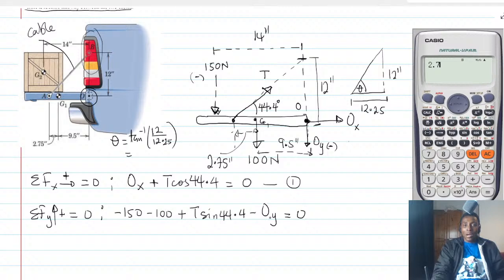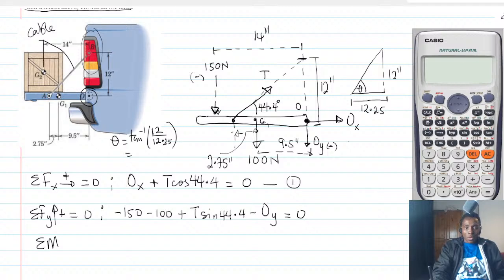So that is it actually. Then this is what we are going to do. We have to sum moments about a point, so that we can eliminate some of the reactions. So what do you want us to do? Alright, you want us to sum moments. Is that right?